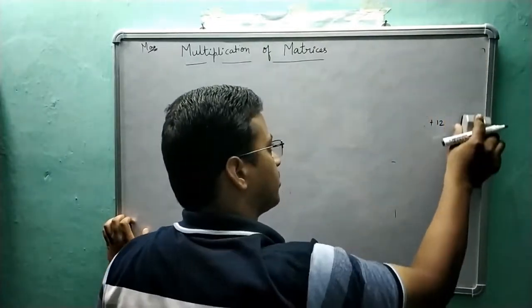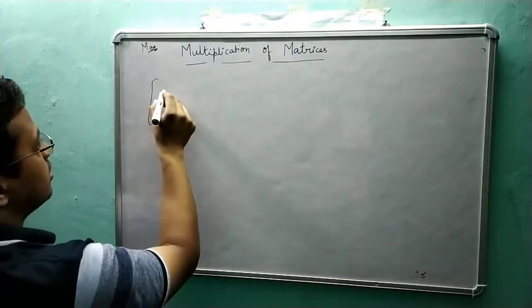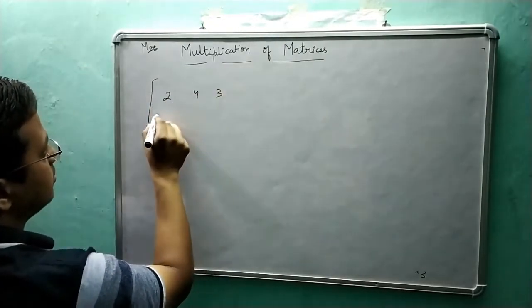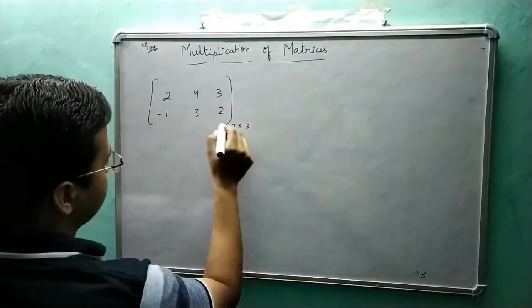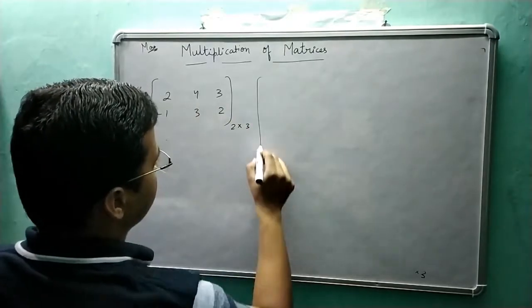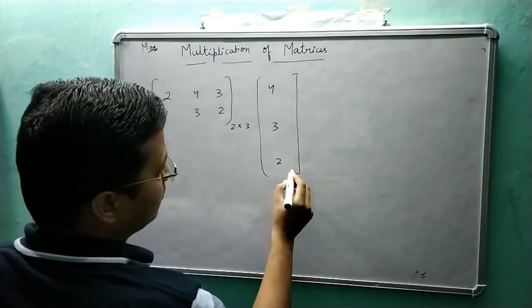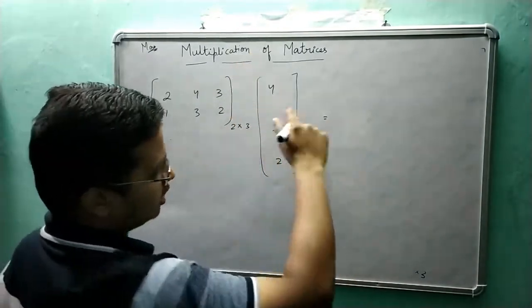Suppose we have a matrix. This is a 2 cross 3 matrix as there are 2 rows and 3 columns. And suppose we have a matrix like this 4, 3, 2. So this is a 3 cross 1 matrix. 3 rows and 1 column.